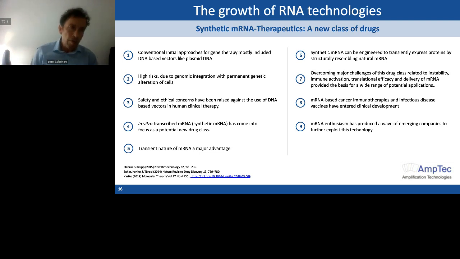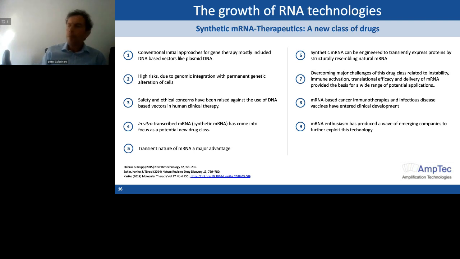Of course, there were a lot of concerns using mRNAs. Mainly, mRNAs are considered to be very unstable. So overcoming major challenges of this drug class related to instability, immune activation, translation efficiency, and also, of course, delivery of the mRNA to cells has provided the basis for a wide range of potential applications.